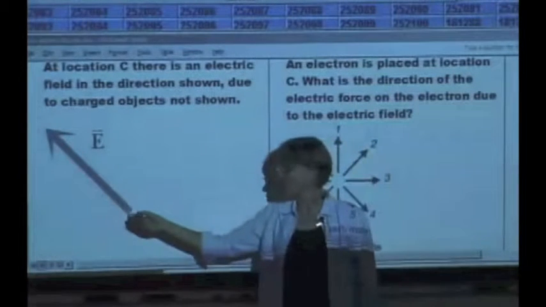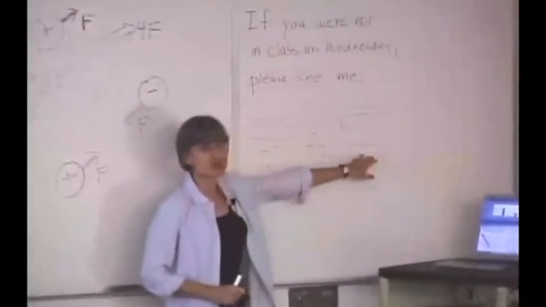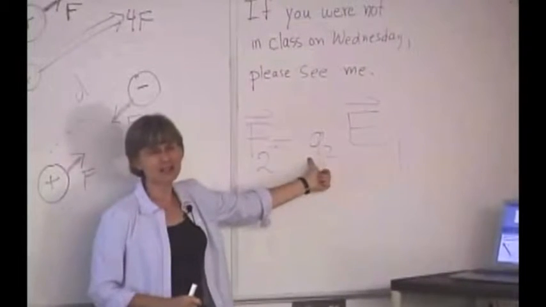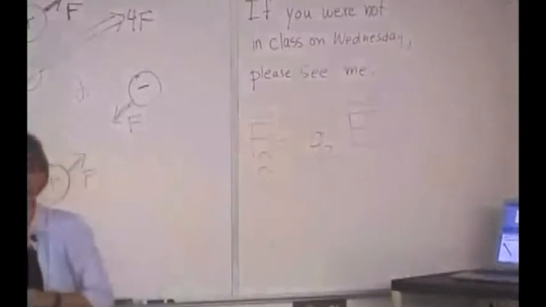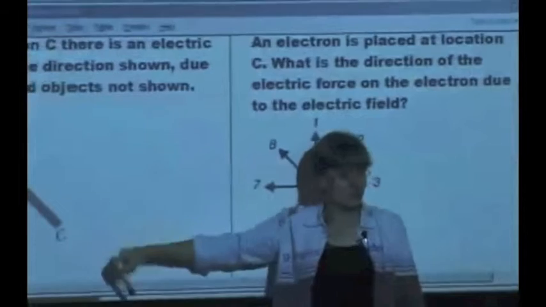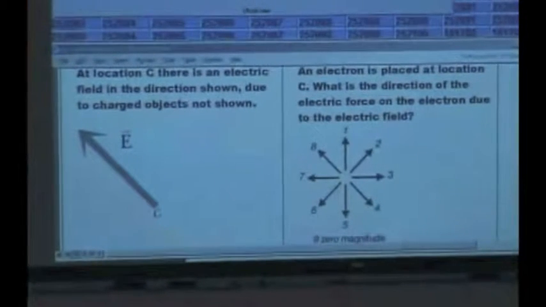And so we get the force vector is the electric field vector multiplied by a negative number, and that switches every component of that vector. So therefore, the force on an electron is indeed opposite to the direction of the electric field.